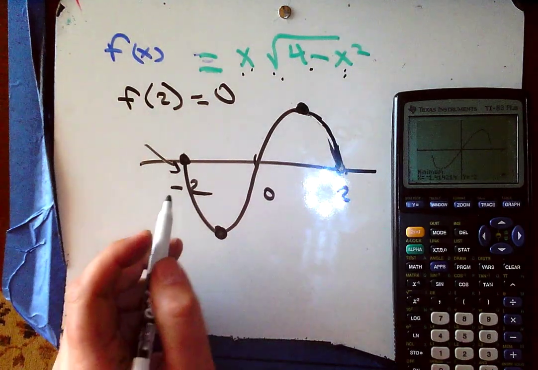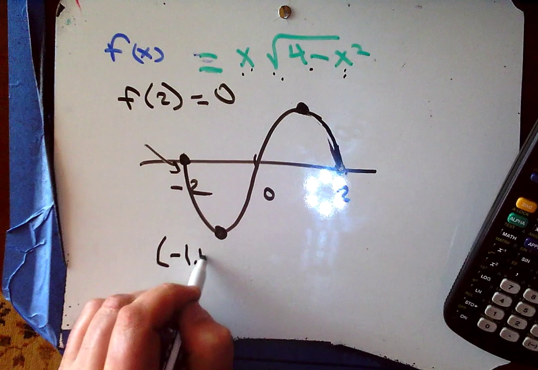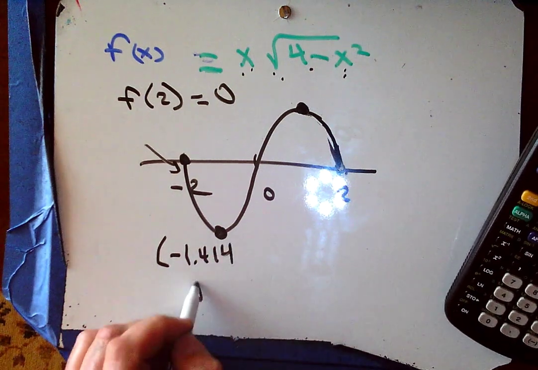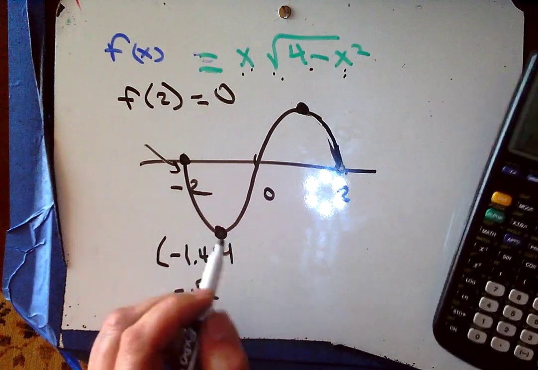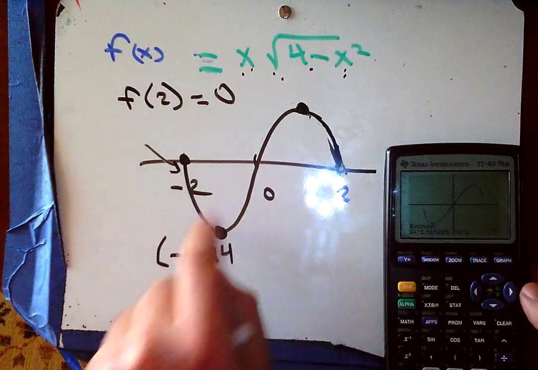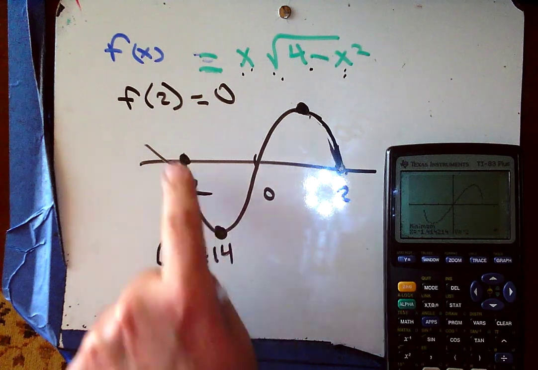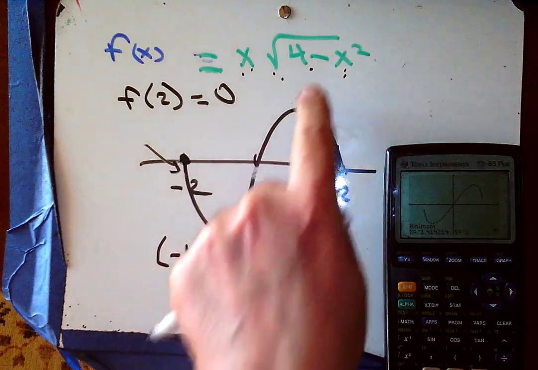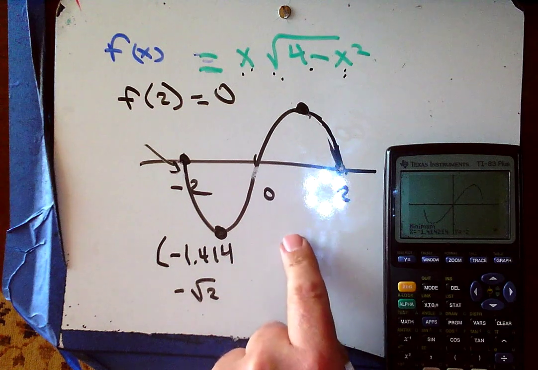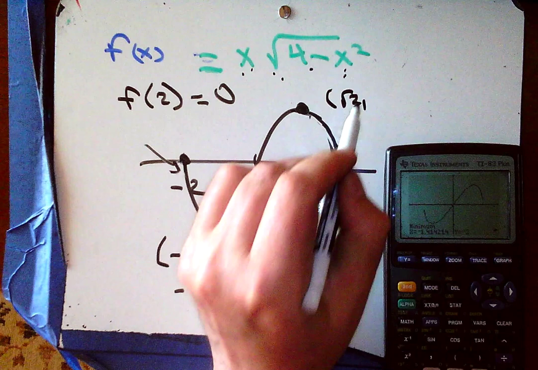So it looks like my minimum occurs at negative 1.414, which by the way is negative root 2. And I wonder where that one is. I wonder if, because this is origin symmetry, look, passing through origin symmetry, so I bet this is going to be positive root 2.